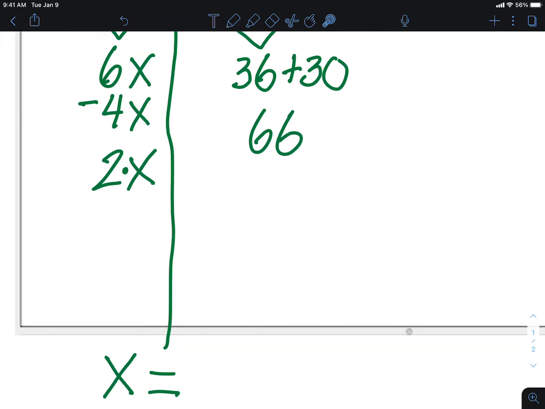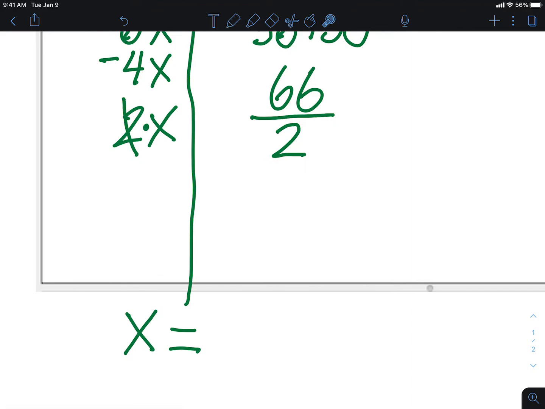So if I want to get rid of this 2 here, I got to bring it over, and it's going to divide, because it's the opposite of multiplying. So I'm going to cross out 2 on the left and divide by 2 on the right. So now I have 66 divided by 2 is 33. And that's our solution.